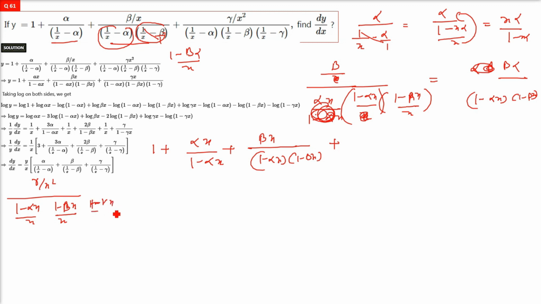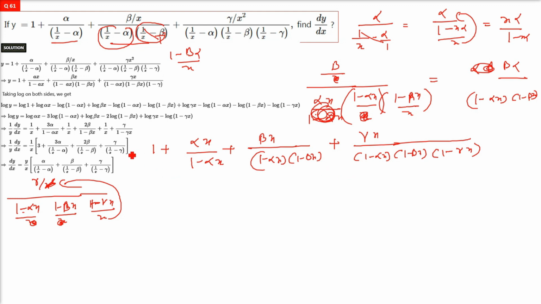So there are 3 x's in the denominator, there are 2 x's in the numerator, so 1 x will remain. When you cancel it out, it will go in the numerator. So it will be γx divided by (1 minus αx)(1 minus βx)(1 minus γx).